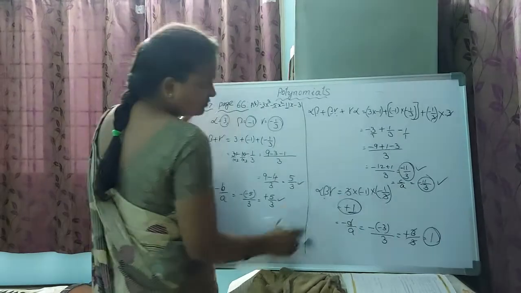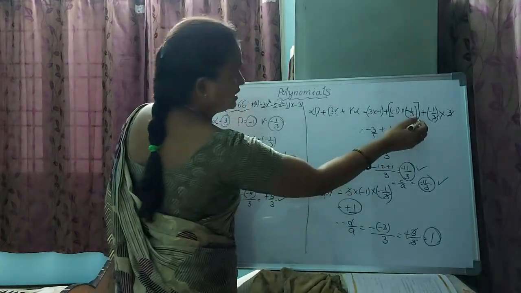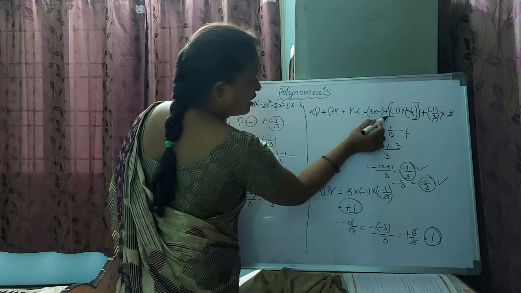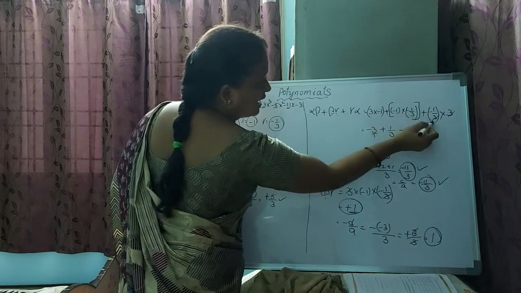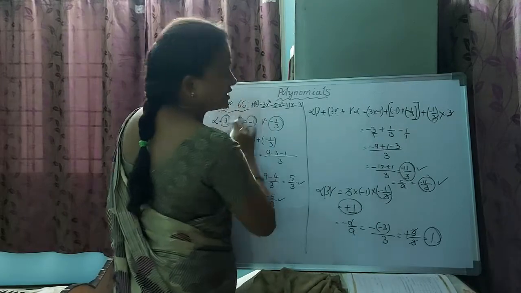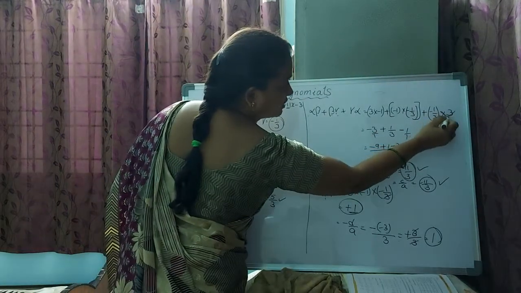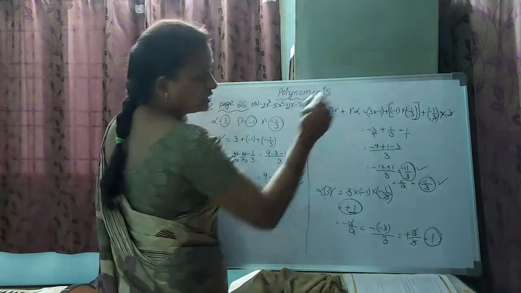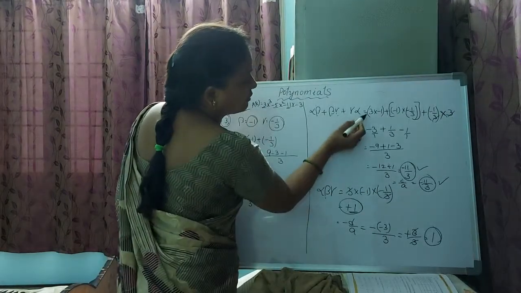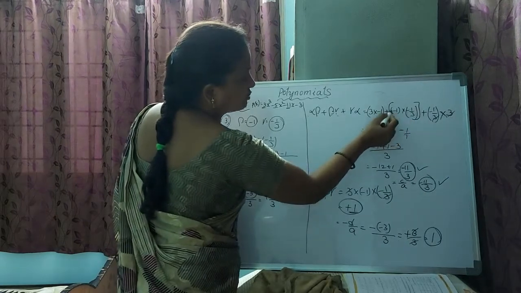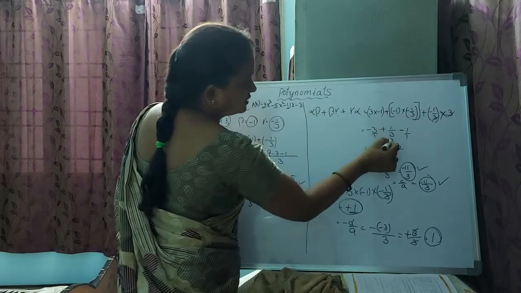So, see here, minus 1 by 3. First, alpha into beta, beta into gamma, gamma into alpha. I just substituted those values. Here 3 gets cancelled because in between there is a multiplication. That's why I cancelled that one. Remaining 3 ones are 3. Minus 3. Here also minus into minus, plus 1 by 3 only.